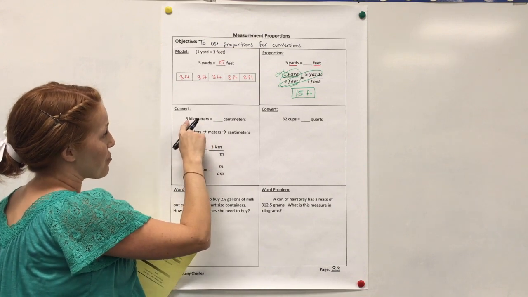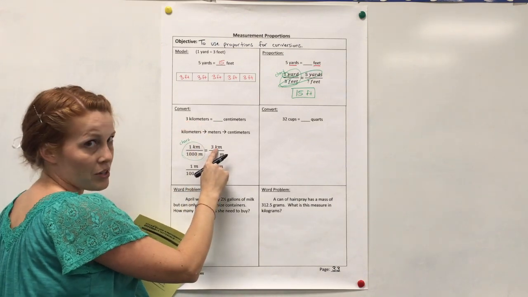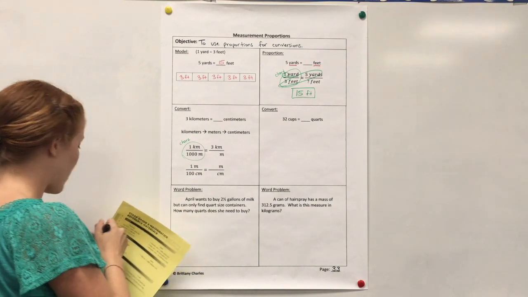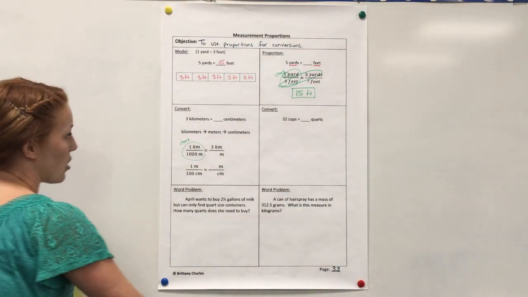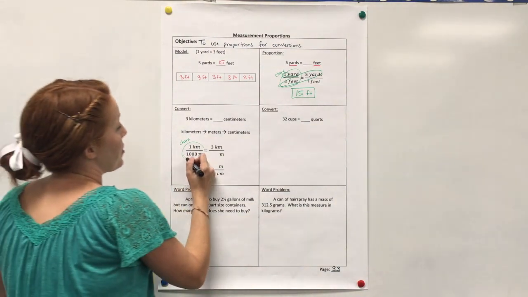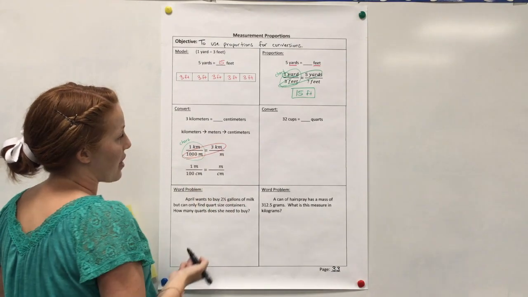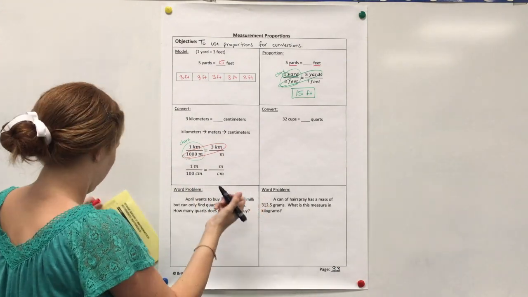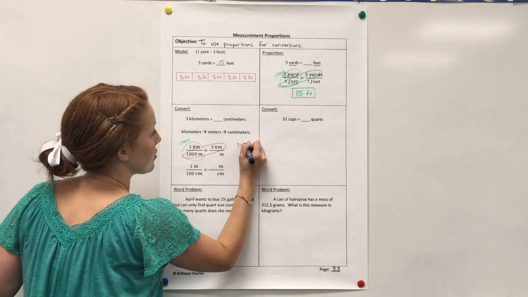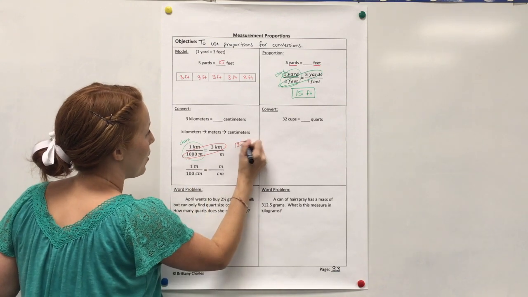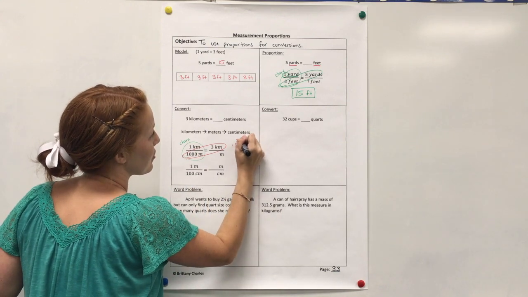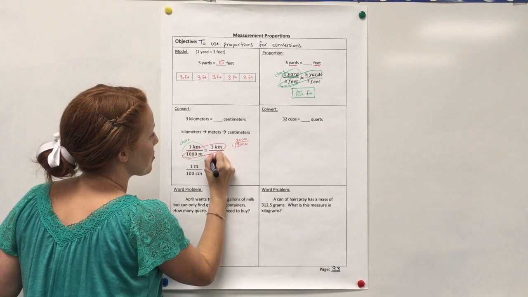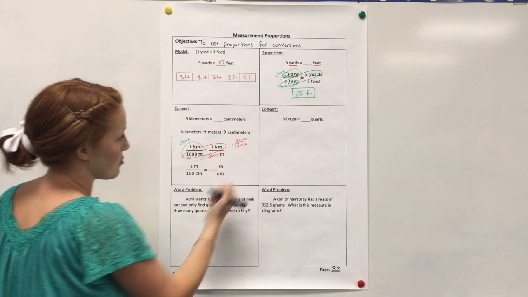And I'm starting with 3, so I put 3 with the kilometers. Now I'm going to use bat and ball to solve this. 3 times 1,000, well that's 3,000, right? And then I divide by 1, still 3,000. So this would be 3,000 meters.